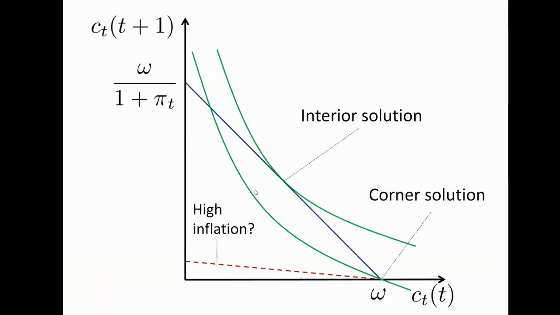But we can see that the new solution will be either on the left of the interior solution or on the right. Oh, that's very good. It depends on the shift of the curve. Yeah, that's exactly right. So we can't say for sure.